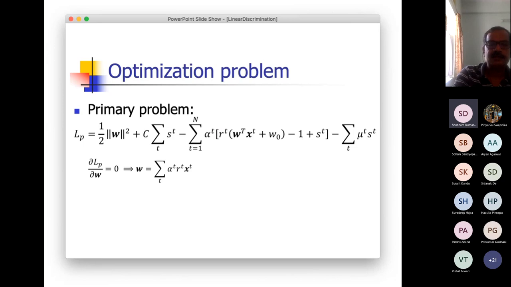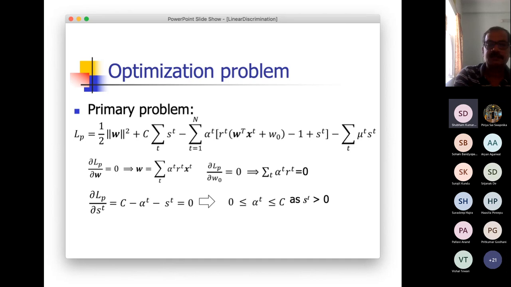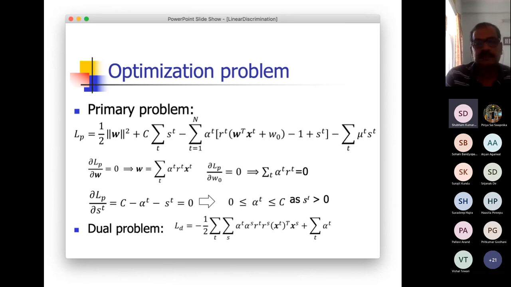So if I convert into a dual problem as before, we can consider the corresponding optimization problem with respect to the Lagrange multipliers, and we can see that these are the new set of equations that you are getting. This is the constraint that you will find.